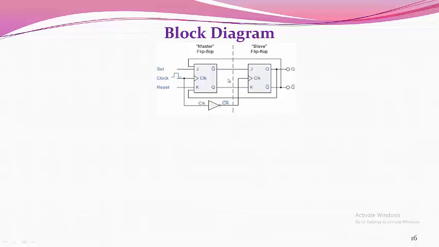It has two JK flip-flops, but at a time only one circuit will be on, and for this on-off application we are using the clock signal with a NOT gate. Meaning if the clock signal is high then the master circuit is on. At this condition the slave circuit is off, and when the clock signal is low, meaning 0, then the master circuit is off and the slave circuit is on.